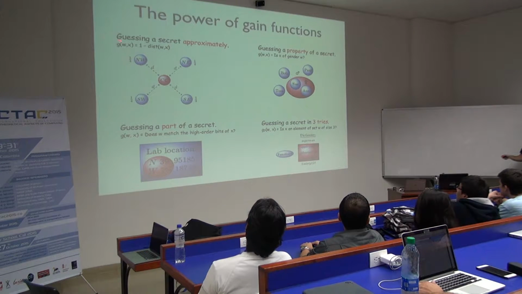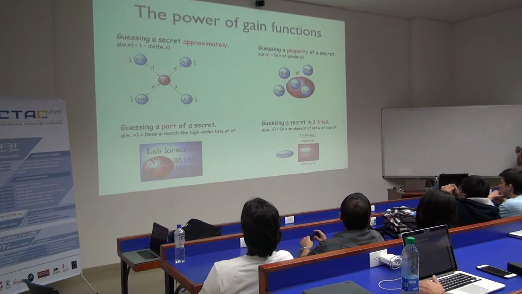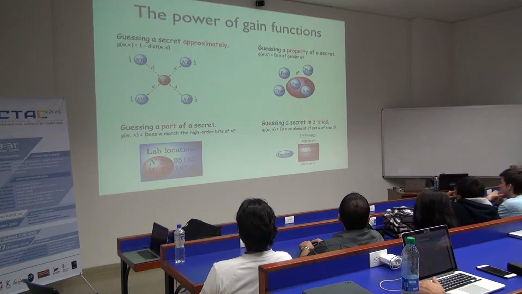And then the gain may be something like 1 minus this distance, or some function of the distance between secrets. This would correspond to an adversary that, if he guesses the exact secret, is perfectly fine. But if he's a little bit wrong, it's not really a problem. He's equally happy, or maybe a little less happy, but still happy enough. This is in sharp contrast with the mean entropy situation where any wrong guess is bad.